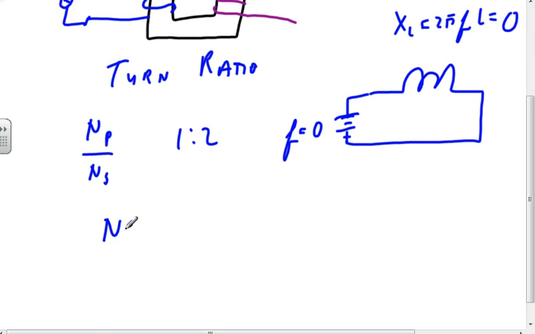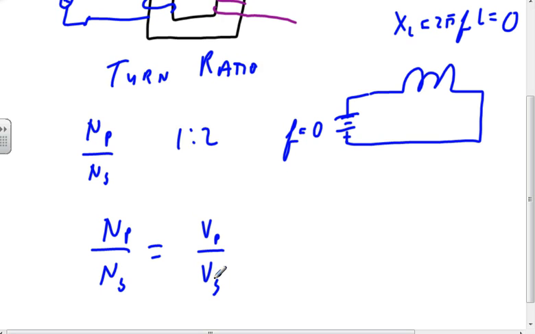The turns primary to turns secondary is going to equal the voltage primary to voltage secondary. So if I have more turns on the primary, my voltage on the primary is going to be more. If I have more turns on the secondary, my voltage on the secondary is going to be more.